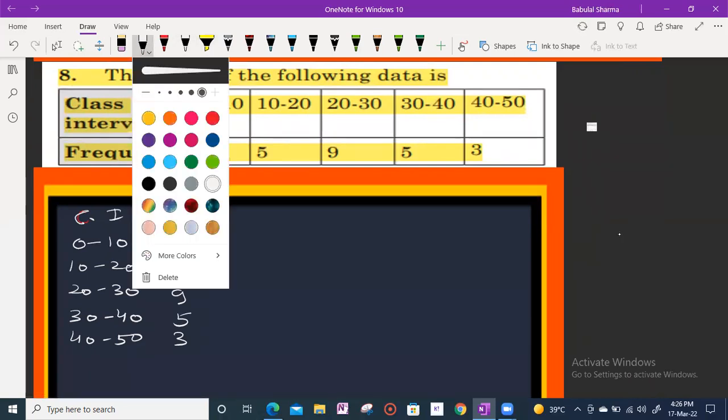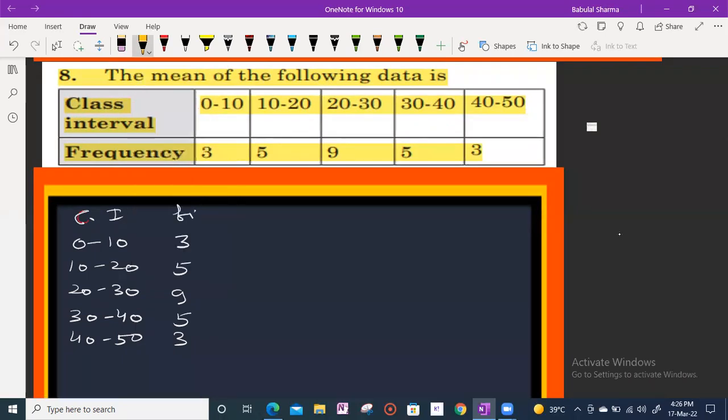Then now what to do? We have to find out the mid value, and that is given by xi. Xi means lower limit plus upper limit divided by 2. So 0 plus 10, 10 divided by 2, that is 5. For xi we have to add the lower limit and upper limit and divide by 2. 10 plus 20, 30 divided by 2, that is 15.